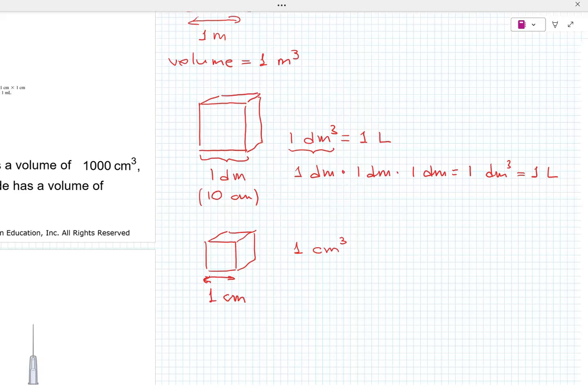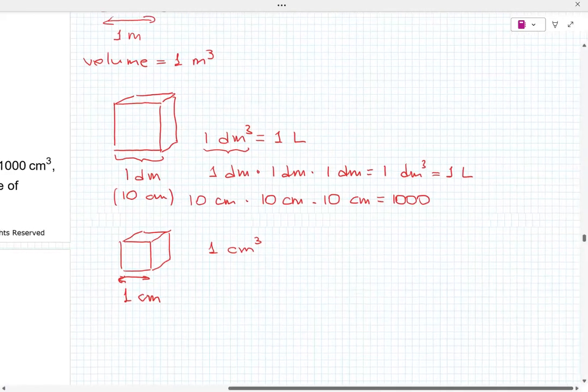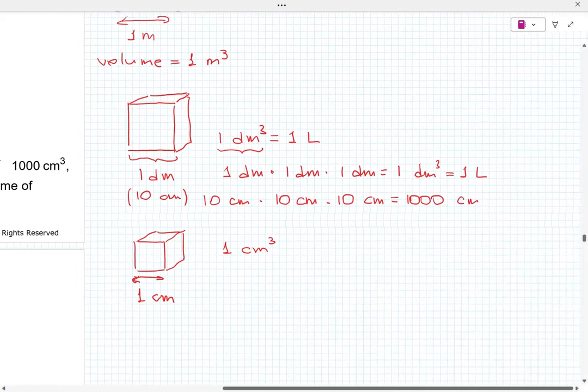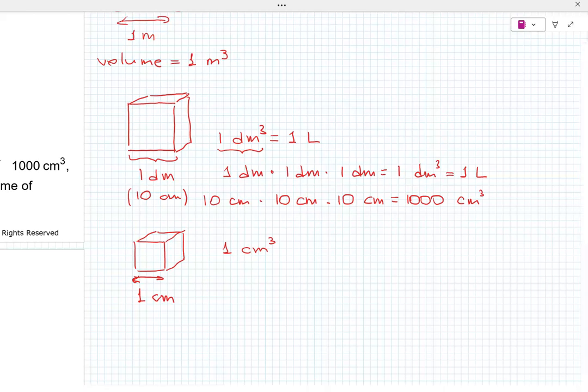How many centimeters are in 1 decimeter? Can I write this then? What's going to be 10 by 10 by 10? 1,000 centimeters cubed. Right? So in 1 liter, we have 1,000 cubic centimeters.